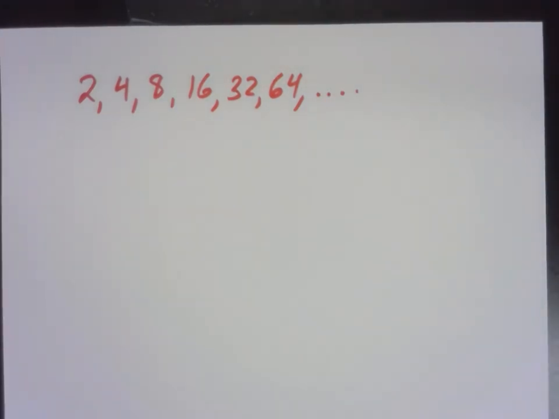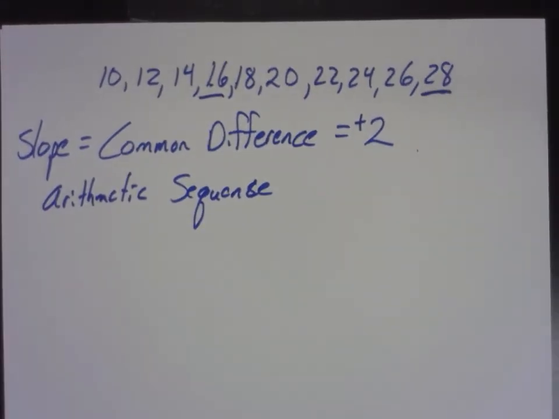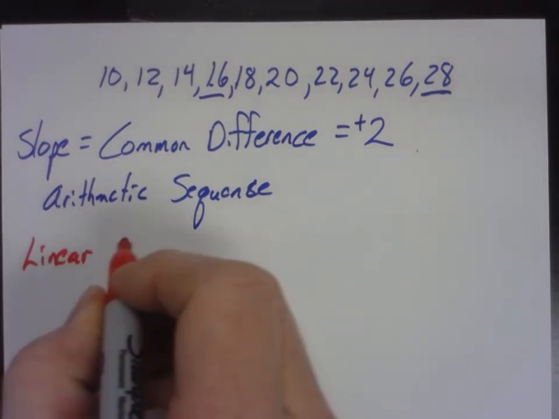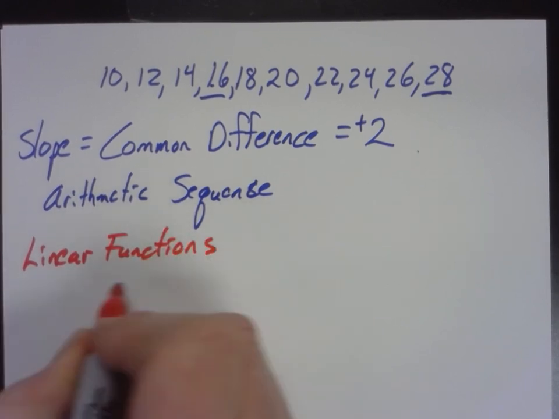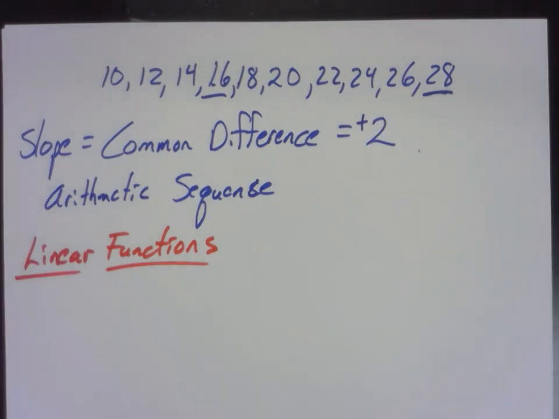We've been learning about linear equations, right? Or linear functions. Well, this arithmetic series can be modeled with a linear equation. And what is that linear equation we use all the time for everything?